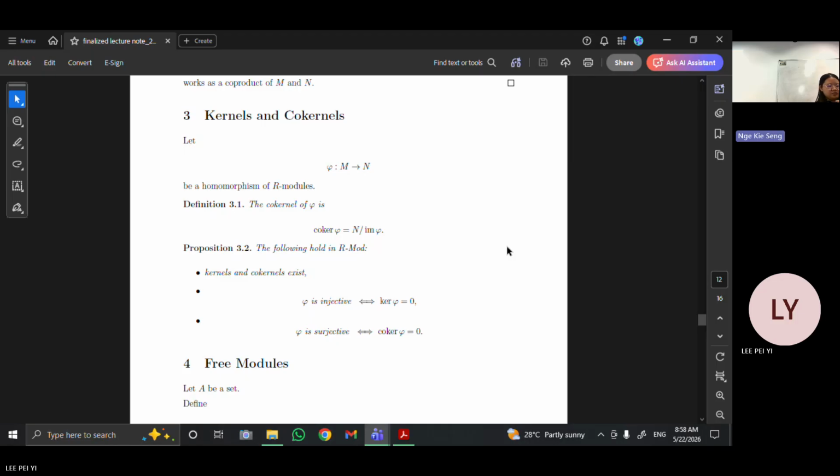The kernel measures the failure of injectivity, and the cokernel measures the failure of surjectivity, and these concepts are fundamental in category theory and homological algebra.